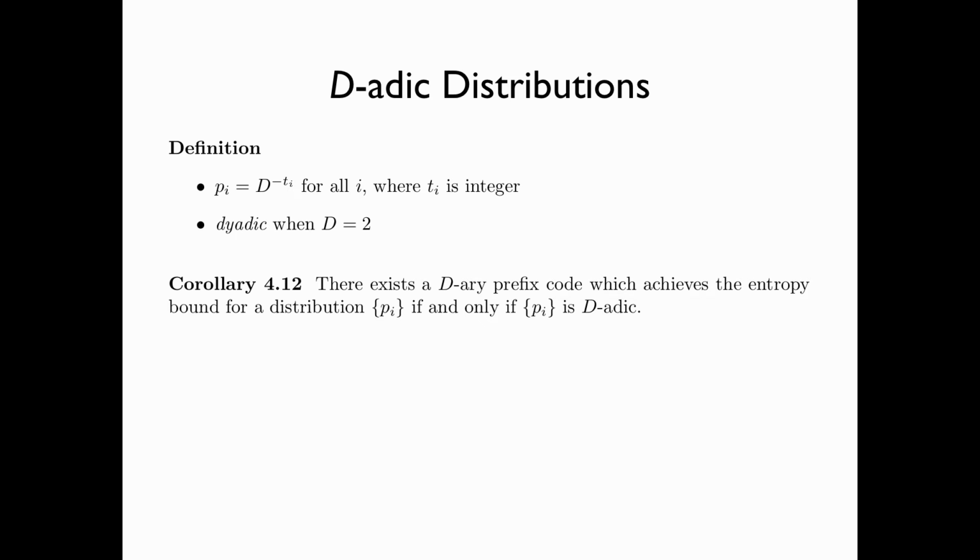A corollary of the previous theorem is the following. There exists a DRE prefix code which achieves the entropy bound for a distribution p_i if and only if p_i is d-adic.